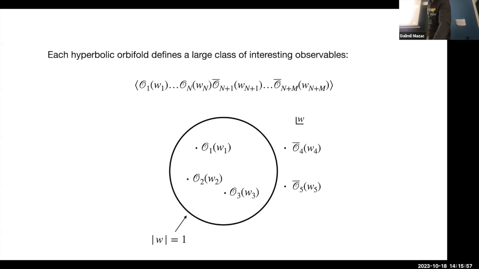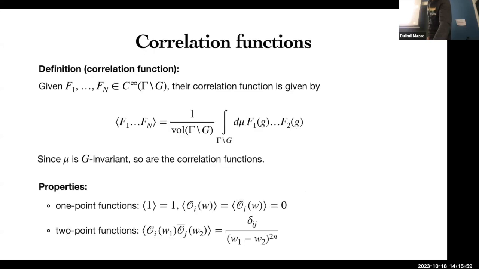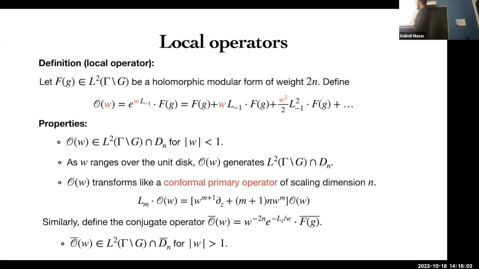It does act on it in the same way. You should maybe think of it as the complexification of the boundary of H2, because that's how PSL2R acts on local operators. So the local operators sit on the boundary of H2, but in a complexified way.